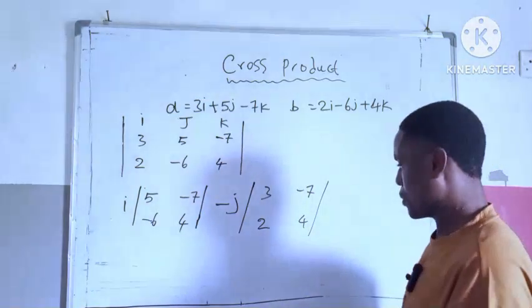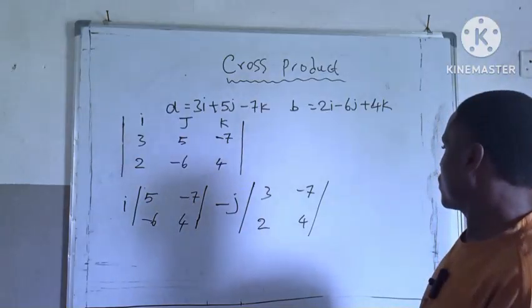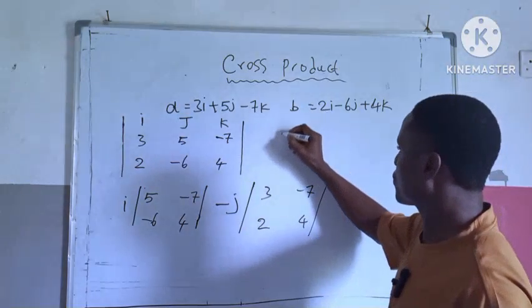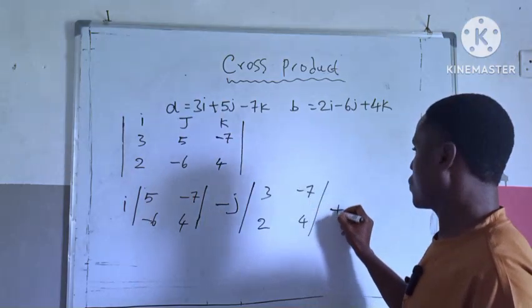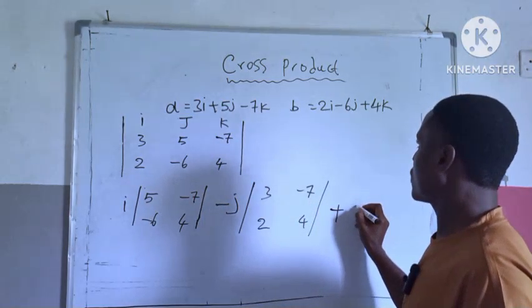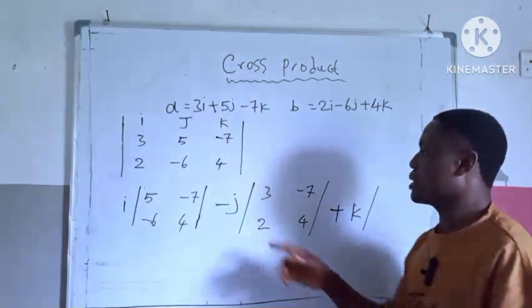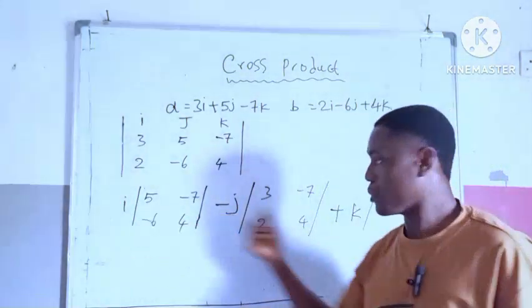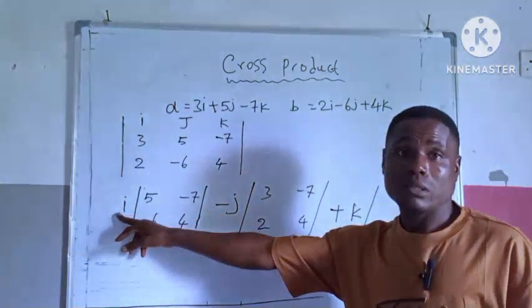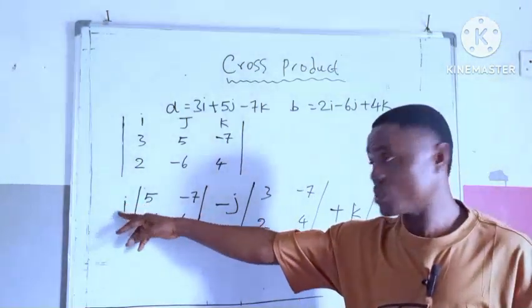Come to the third one. Okay, let's write the third one here. So plus K. Only this one is minus. All the rest are plus. No need of writing plus here, because you know that is plus.